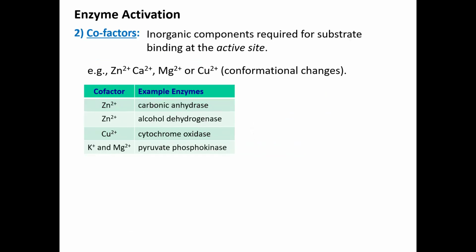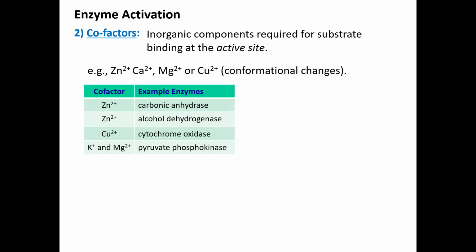Enzyme activation can occur via cofactors, and these cofactors are inorganic molecules that are required for substrate binding at the active site. Examples are divalent cations: zinc, calcium, magnesium, or copper 2 ion. We have enzymes that require these divalent cations.